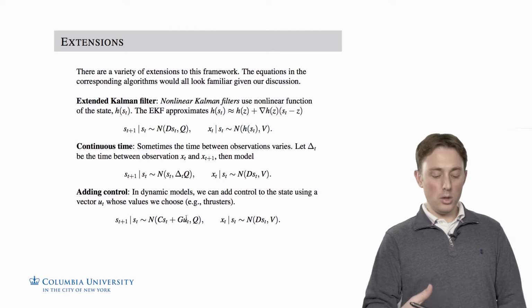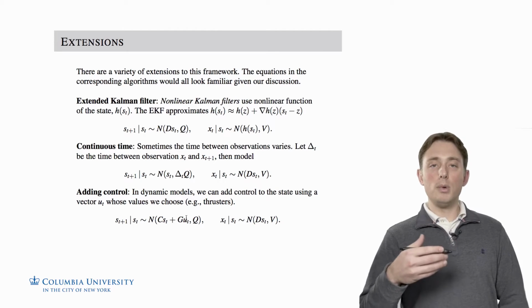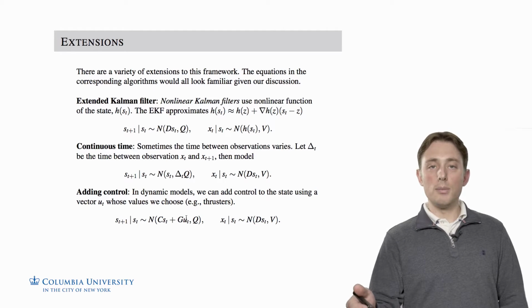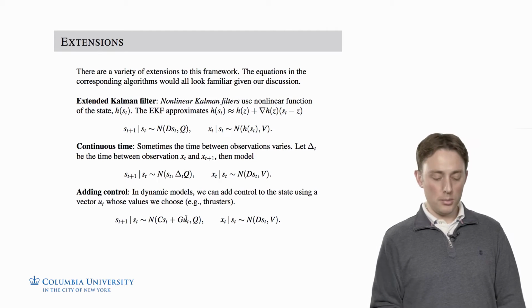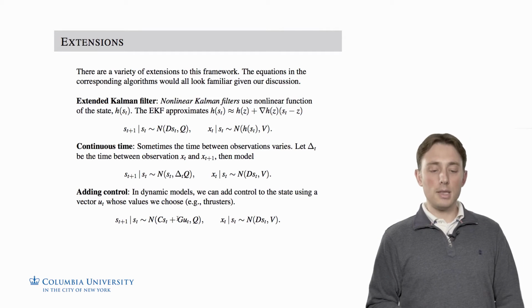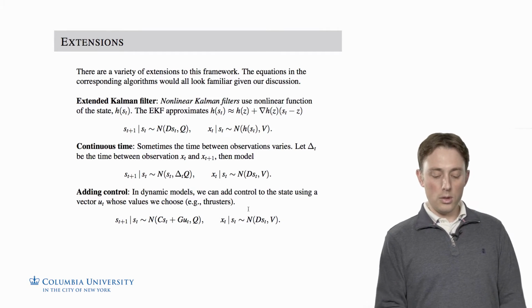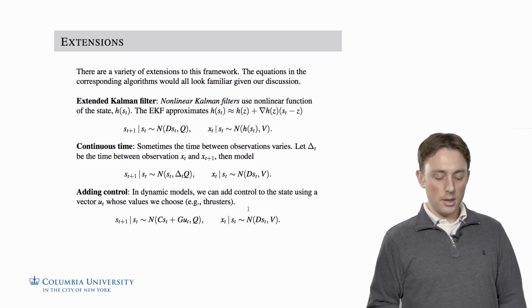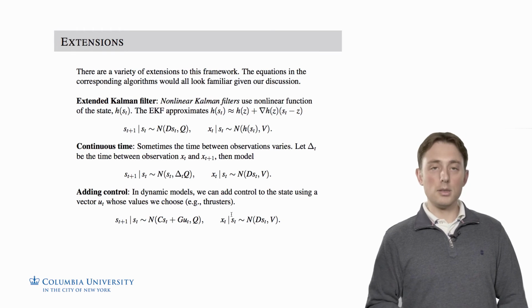We say what u is. For example, it could be a thruster along a certain dimension, power that we're going to put into the system. And so this is how we can control the latent state in order to control what we observe in the observation sequence x_t.